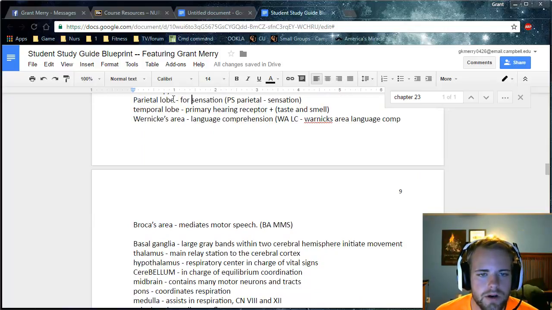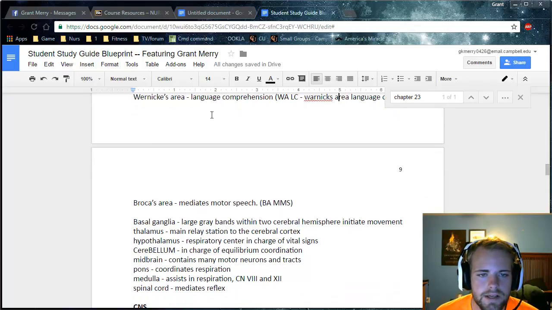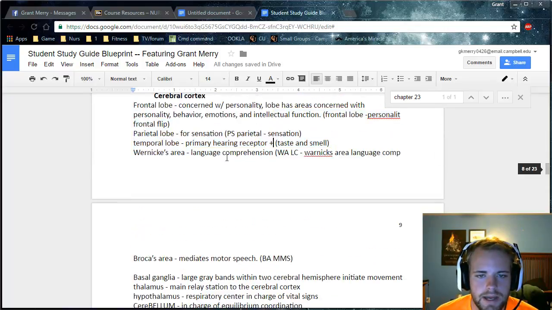Parietal lobe is for sensation. P.S., parietal sensation. Temporal lobe is the primary hearing receptor, and also for taste and smell. Wernicke's area is the language comprehension area.